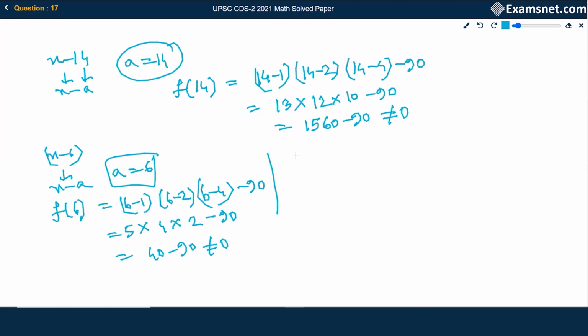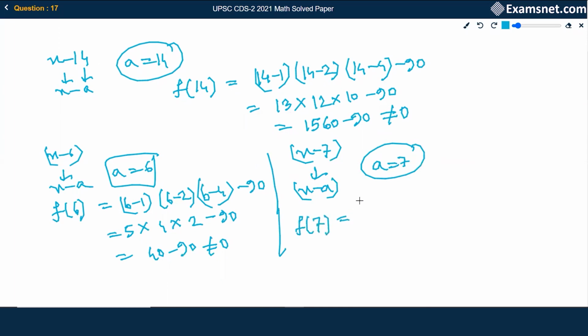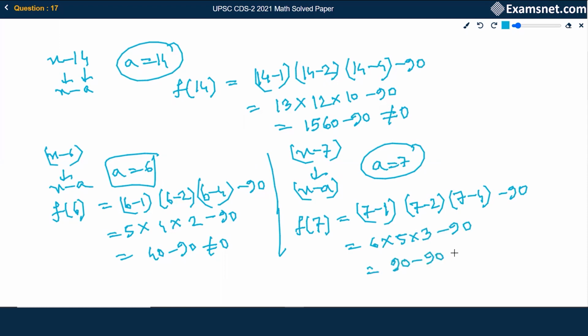We are left with the last option, that is x minus 7. If we compare it with x minus a, we can say a equals 7. Now let's find the value of f of 7: 7 minus 1, 7 minus 2, 7 minus 4, minus 90. So 6, 5, 3. Yes, now it gives us 90 minus 90, which is 0.